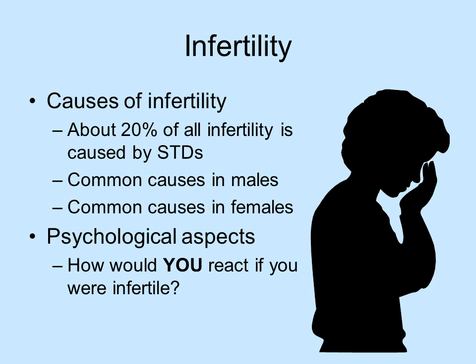Females, some common causes: the failure to ovulate, either due to a hormonal imbalance or sometimes even vigorous exercise can cause that. Scar tissue from an STI or an IUD, which is an intrauterine device used as a form of birth control. Endometriosis can also cause infertility.